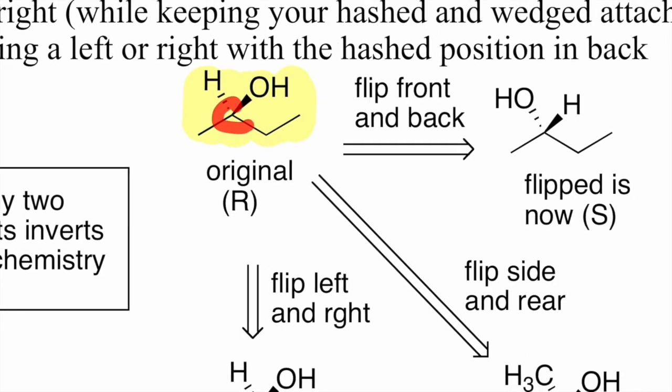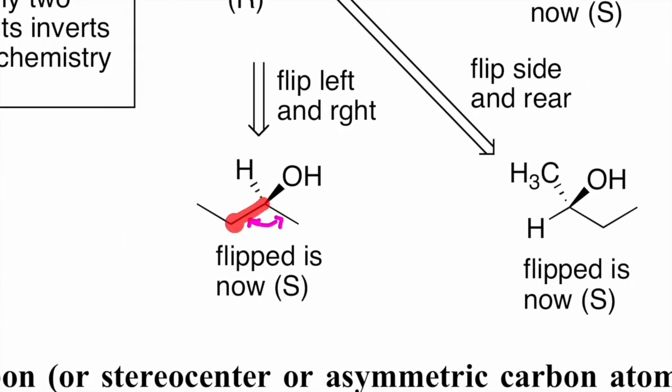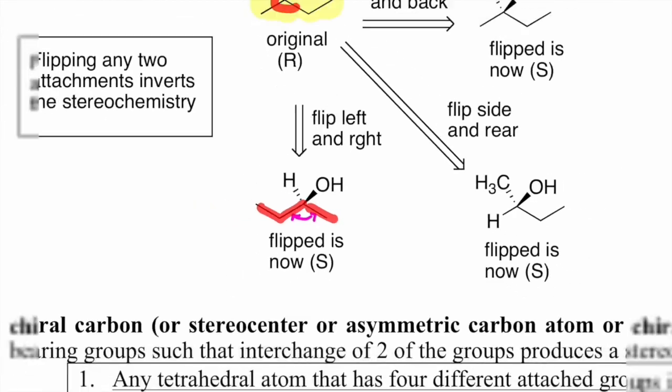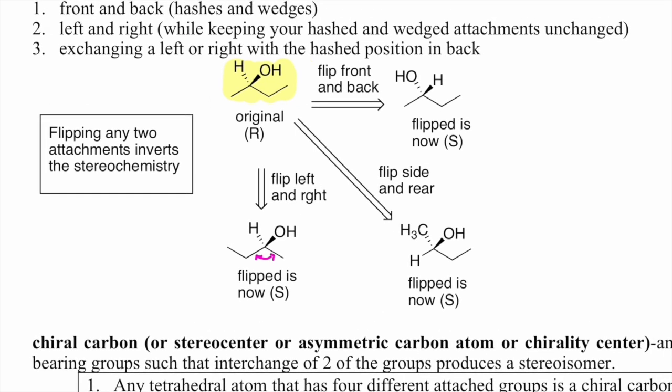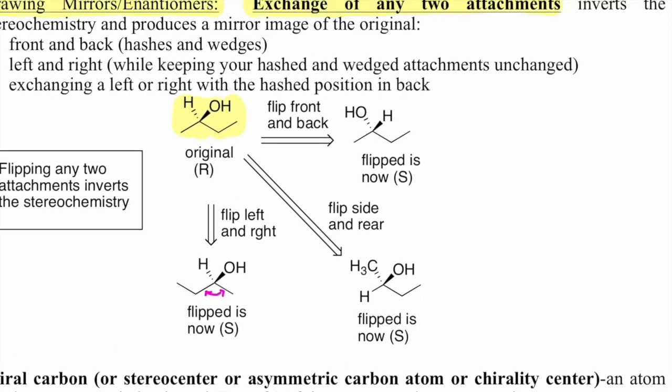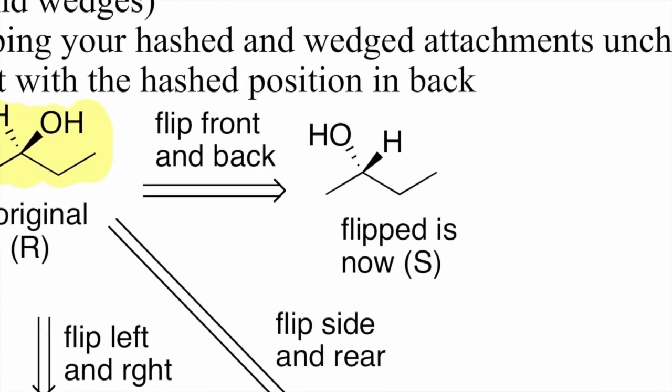So what I did on this one is I flipped how my butane was in orientation to my carbon, or you could almost think of it as the methyl here and the ethyl here. So I flipped that. Now these in theory are called enantiomers. They are mirror images of each other. I'll show you some more later, but this is probably the easiest one to do.